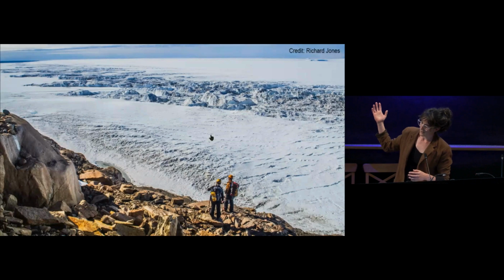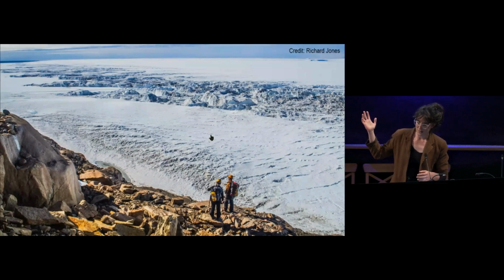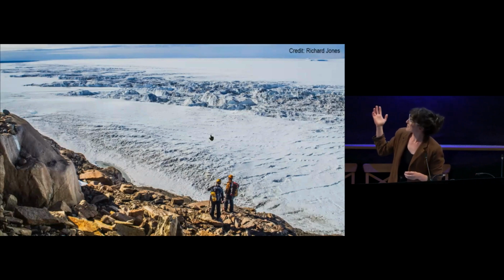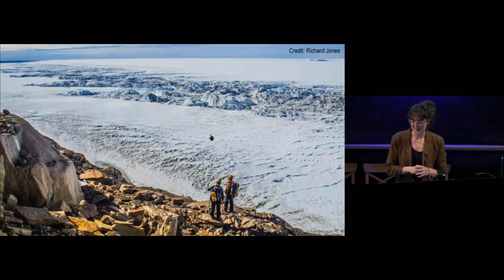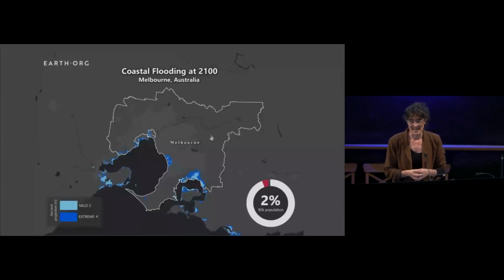We can run regional configurations that capture crevasse fields, maybe not exactly looking like this at this kind of detail, but our understanding of these kinds of processes is being resolved a lot better in ice sheet models now. And then of course, we have continental scale ice sheets that we use to make projections of how sea levels might change in the future.